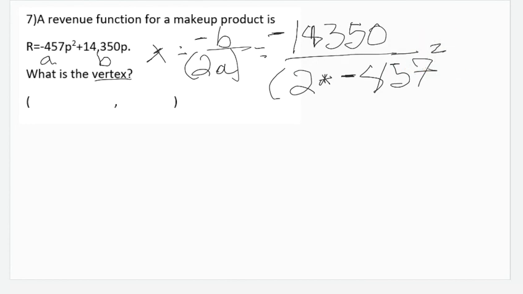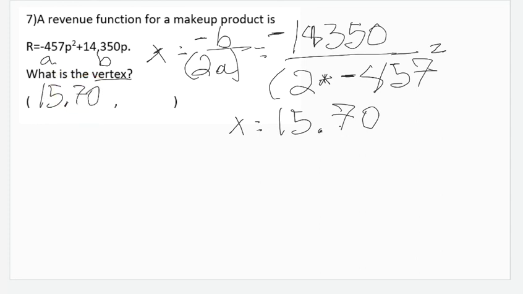Make sure you keep track of those signs. Okay, and I got for x $15.70. So that would be our x value.